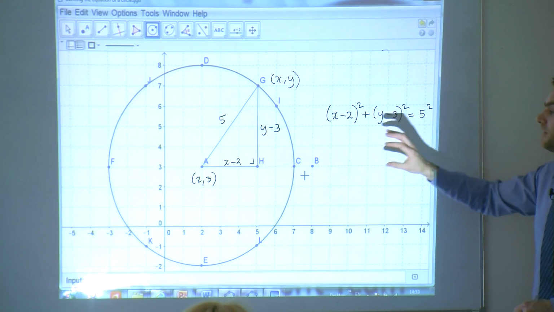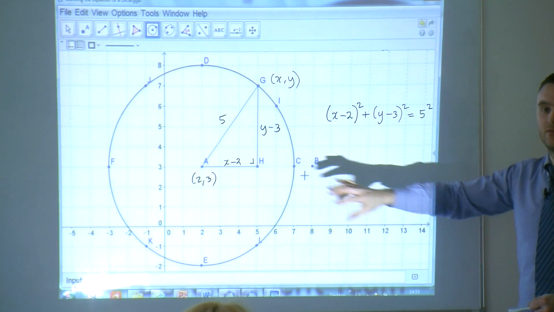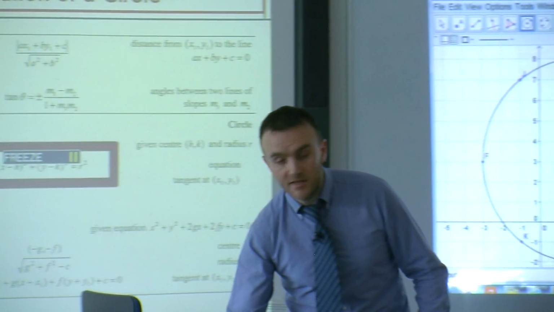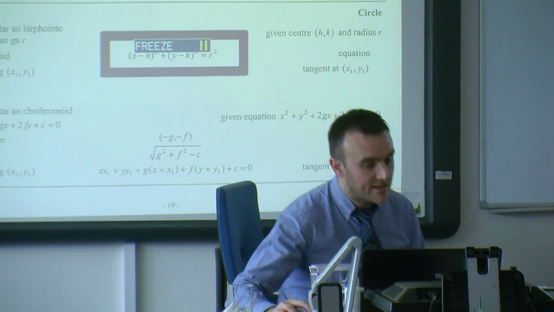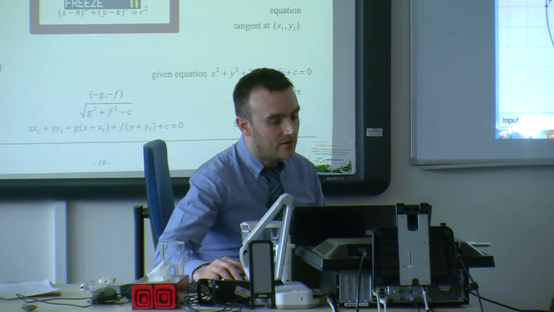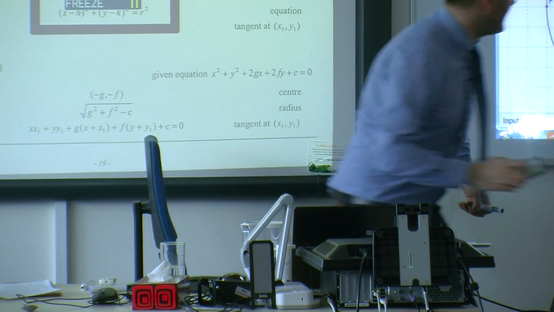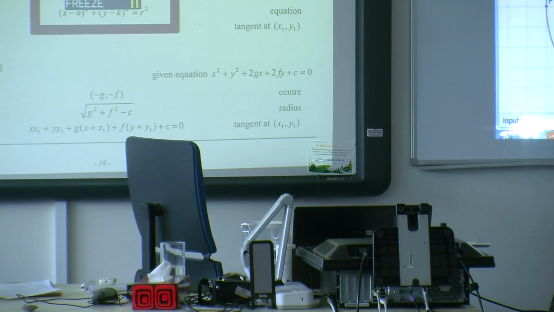So how do I go from that then to the general case? Call the centre h, k. And of course then, look with GeoGebra, just come over and turn off those axes. So we're not talking about specific numbers here.